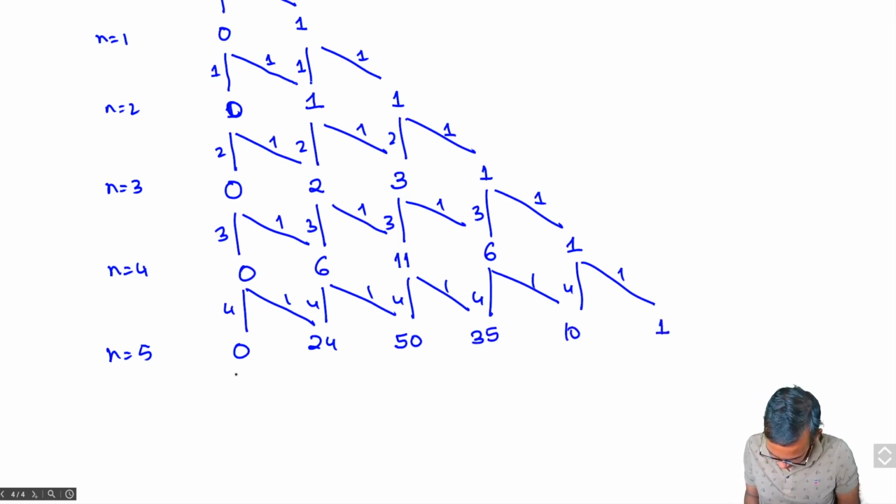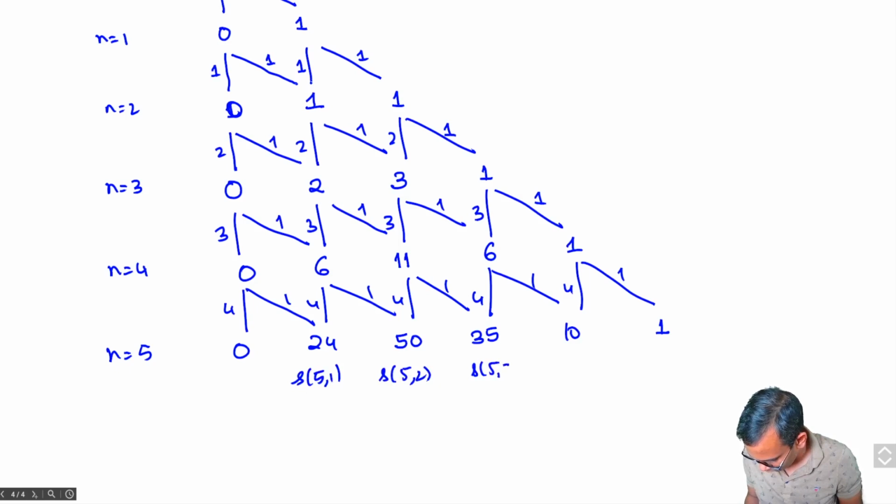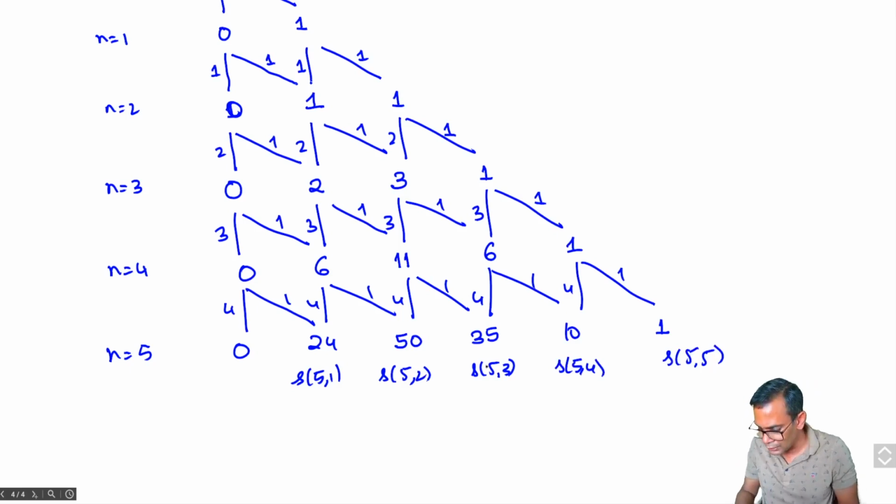So this is, for example, S51, S52, S53, S54, S55. This S53 here, for example, is the number of permutations of the set 1 to 5 which have totally 3 cycles. Okay, so this is the triangle of unsigned Stirling numbers of the first kind.